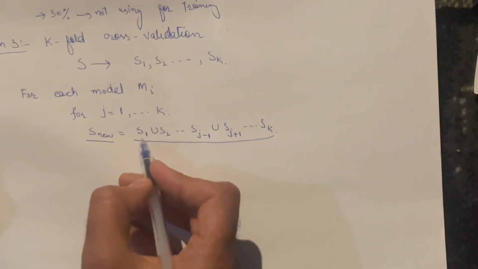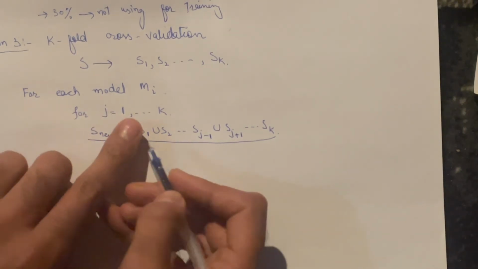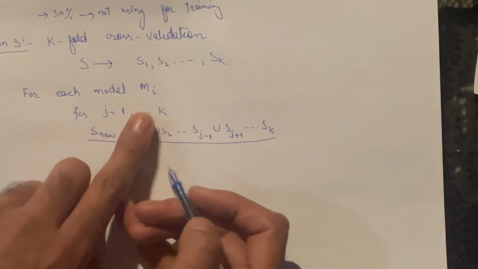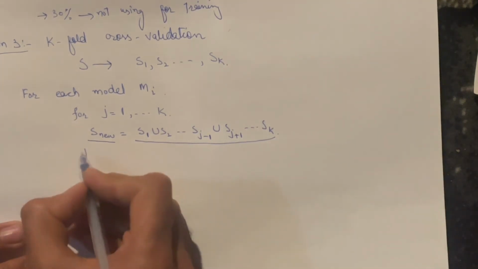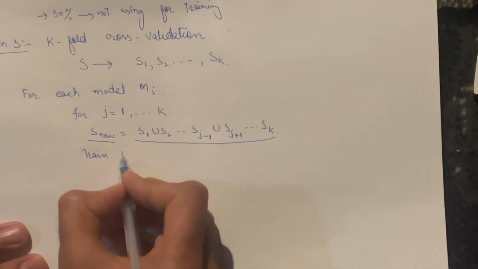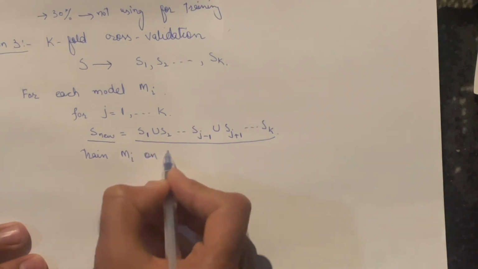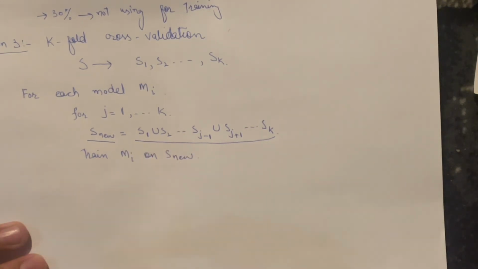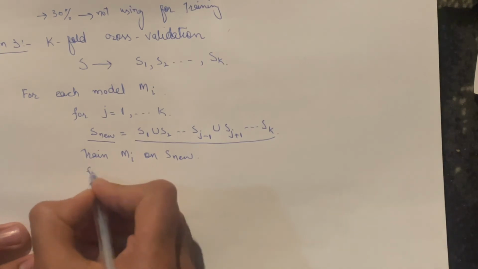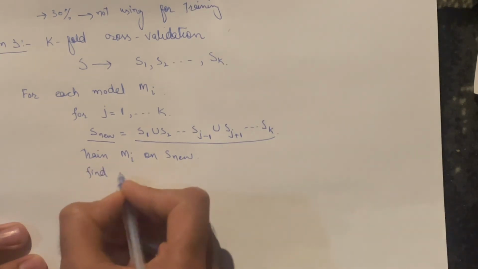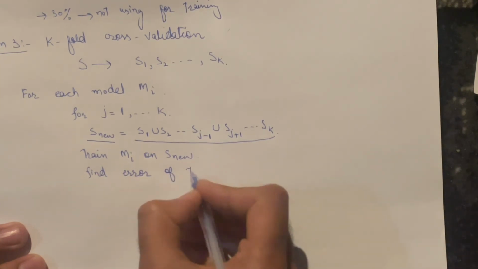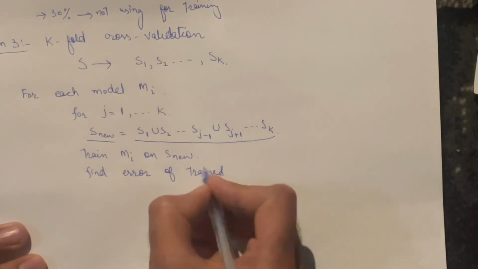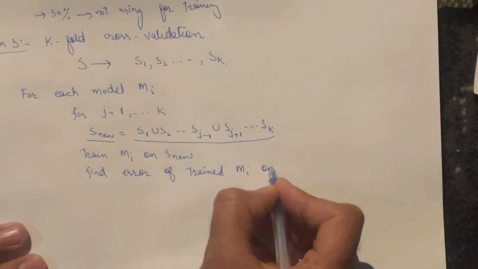So first it will make j is 1, so s1 won't be included, then s2 won't be included. Okay, so it will train mi on s new, then it will find the error of trained mi on sj.